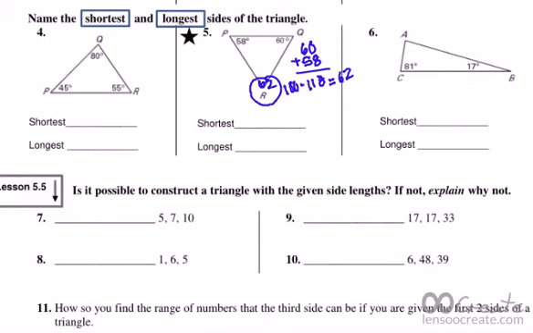If you know that that is 62 degrees, looking at the three angles, that's the biggest angle. So you know that PQ is your longest side. Then if you look at the angle measures, you see that angle P is the shortest angle, smallest angle. So that tells you that RQ is your shortest side.